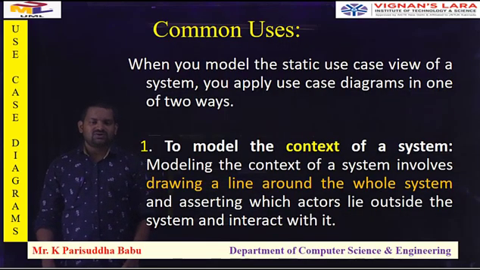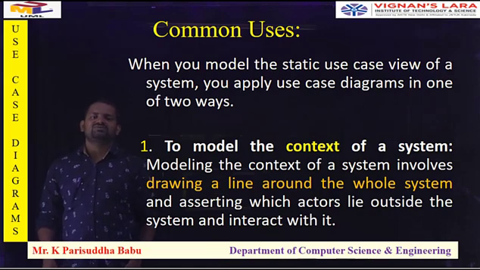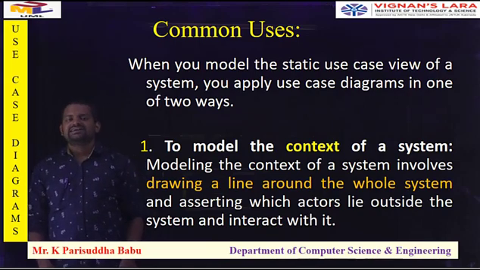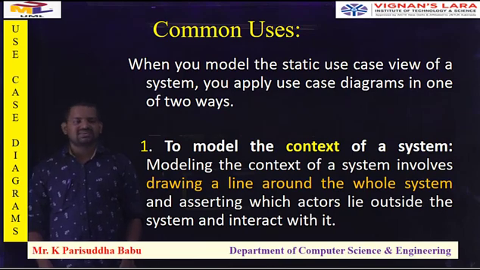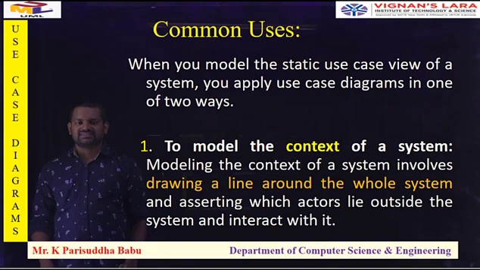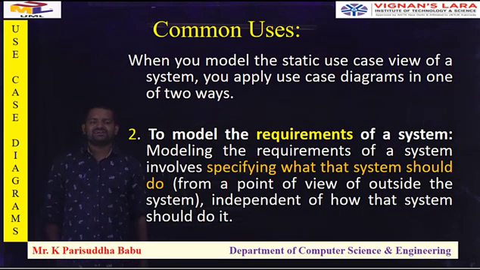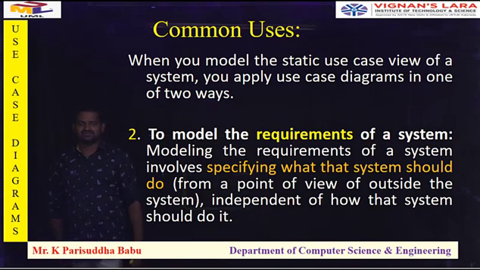Okay. When you model the static use case view of a system, you apply use case diagrams in one of two ways. First way is to draw a line around the whole system, that is modeling a context. And the second one is modeling the requirements of a system.